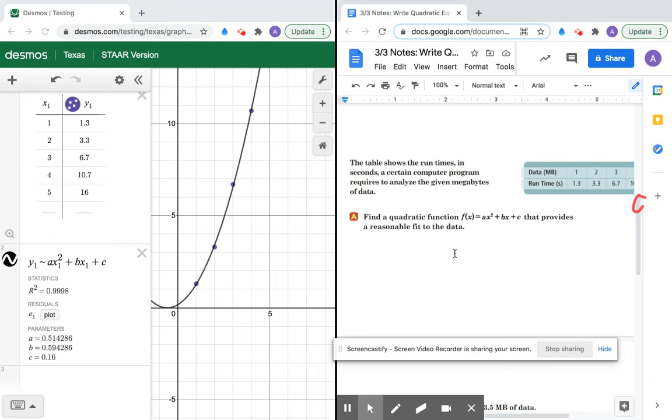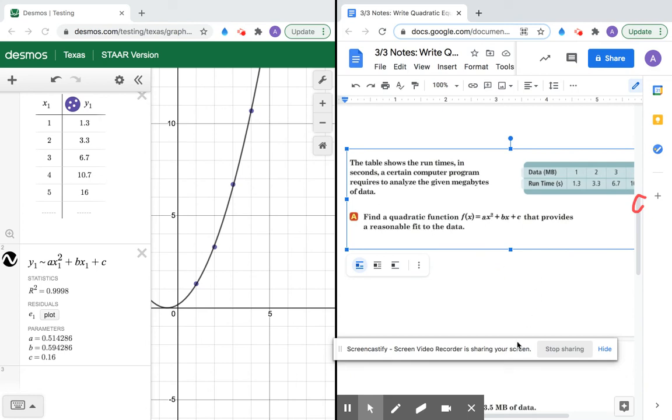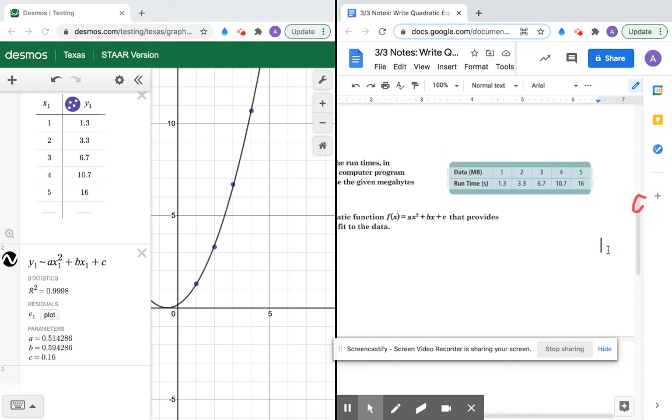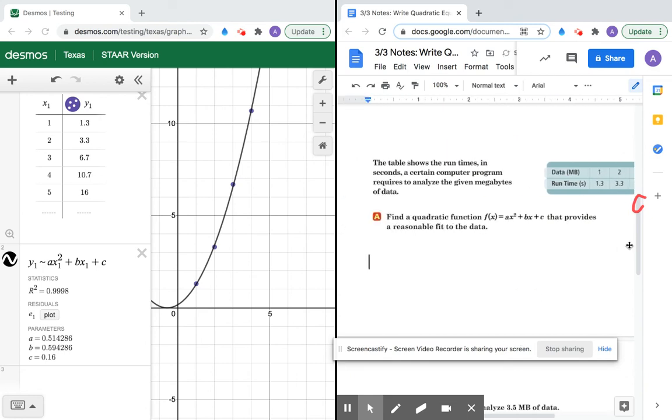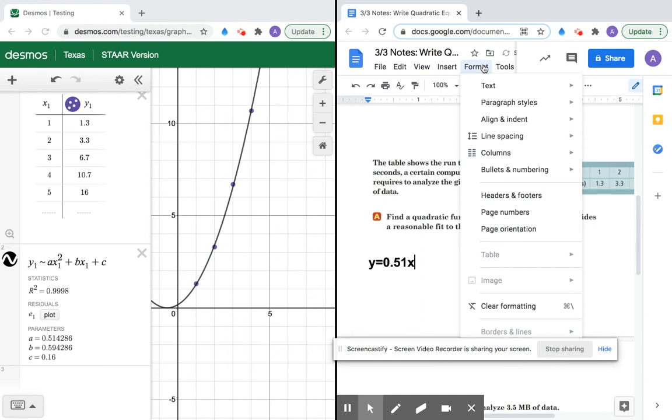So in order for you to write the equation, let me go ahead and write the equation. You're going to type the information from your table. Y equals, since a is 0.51, 0.51x, and we're going to square it.